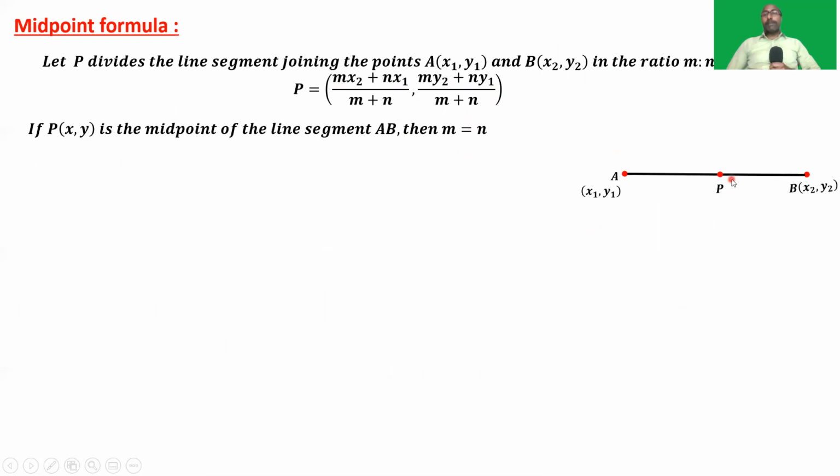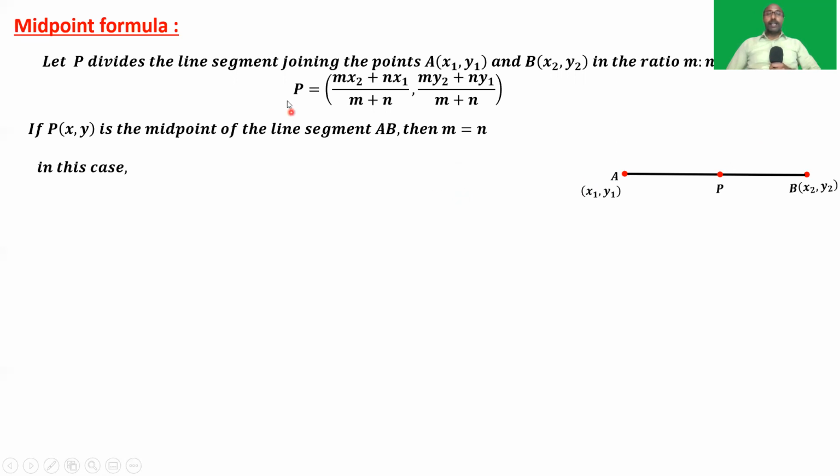If P is the midpoint, then AP by PB is equal to 1. Then m by n is equal to 1, so we can write m is equal to n. If P is the midpoint of AB, then m is equal to n.